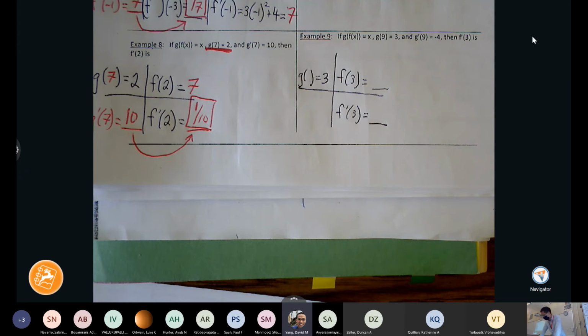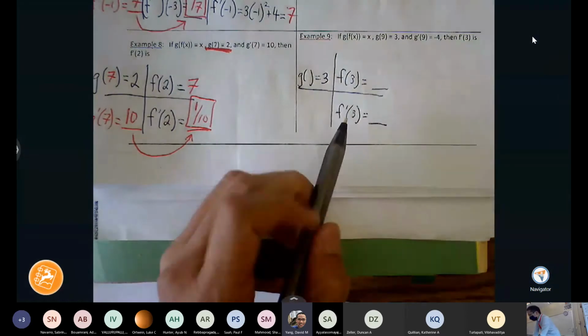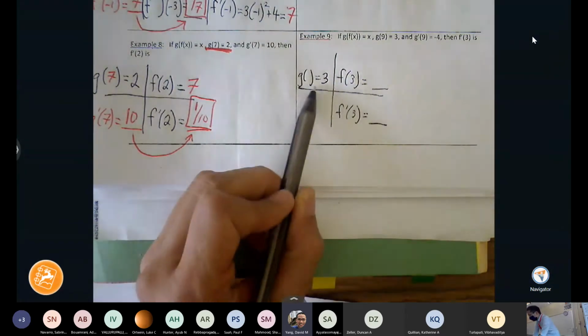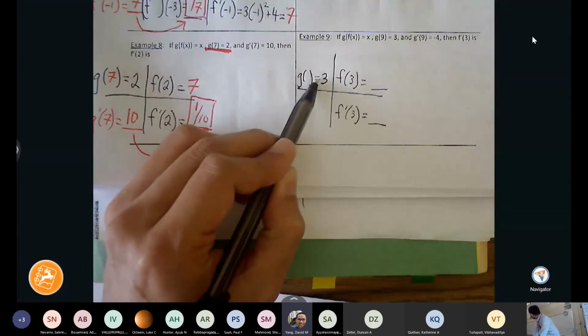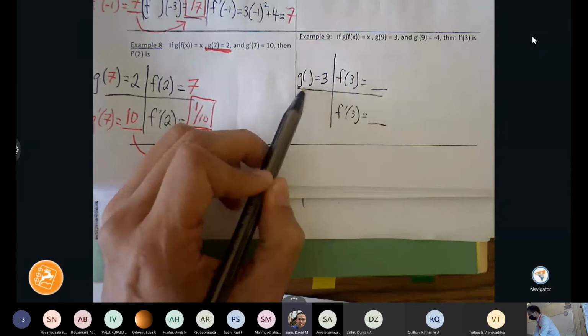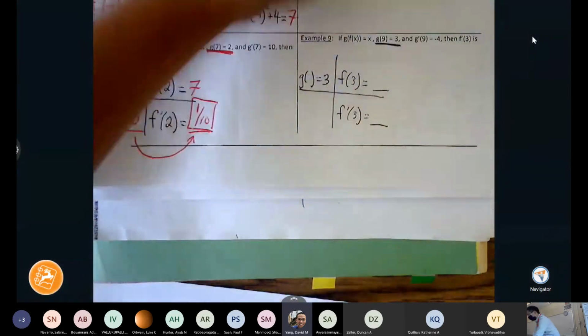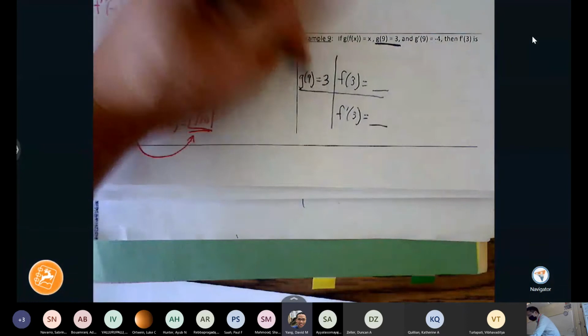All right, what'd you guys get for your answer? Negative 1/4. Okay, so we know that the 3 that's given to us is really the y value of my g function. So I have this as my starting point. And to fill in the gap, they tell us g of 9 is equal to 3.